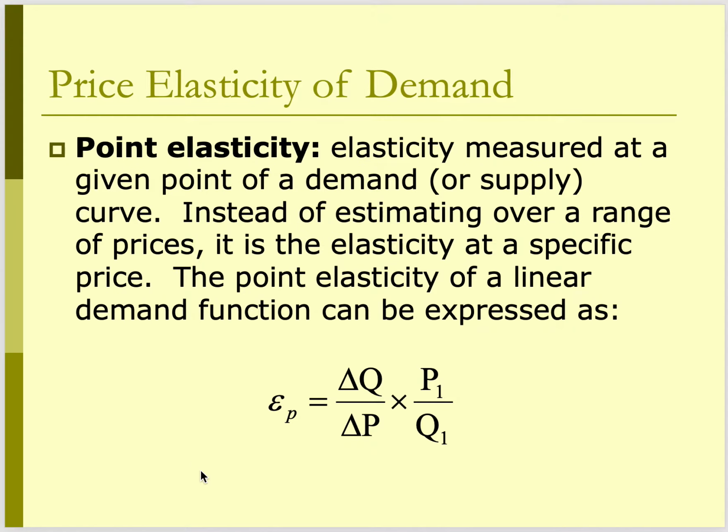There's another one called the point elasticity. It's elasticity measured at a given point of demand. So it's a change in quantity divided by the change in price, times the original price divided by the quantity.